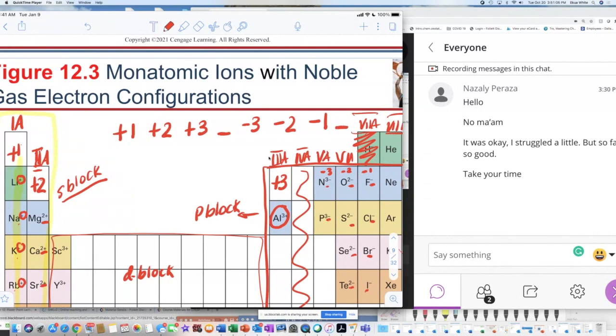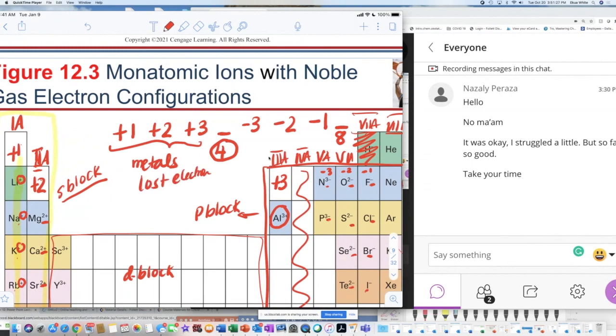So we're skipping group number 4, and we're skipping group 8A. We skip number 4 because once again, elements don't usually lose 4 electrons, right? In this case here, these metals lost electrons.